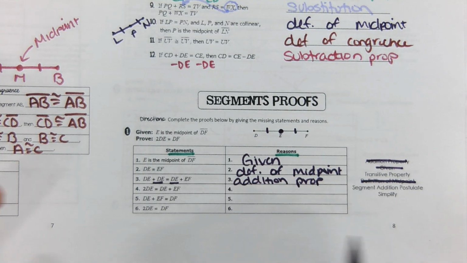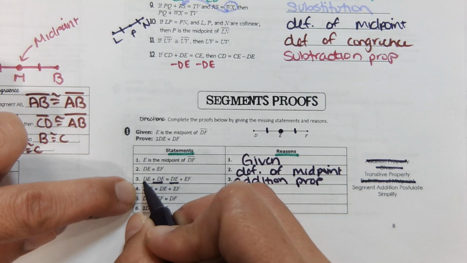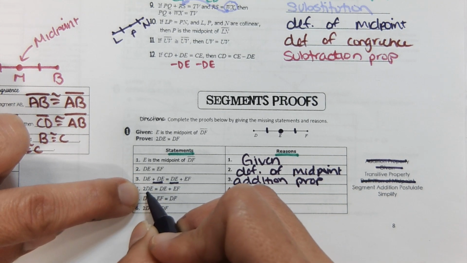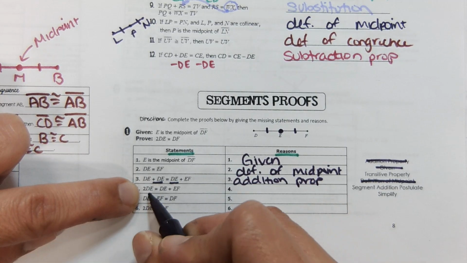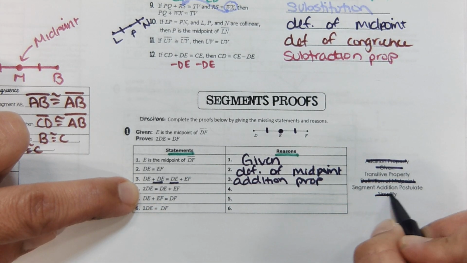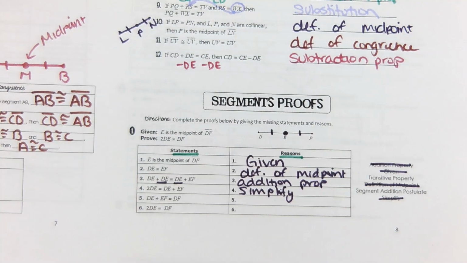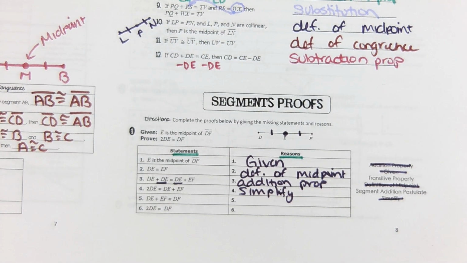Okay, and then to go from this to this, it looks like they combined like terms, like DE plus DE is 2DE, and then they left this the same. So I'm looking for combined like terms or something like that. That's not there, but they do have simplify, so I think that's the best answer, simplify. Okay.